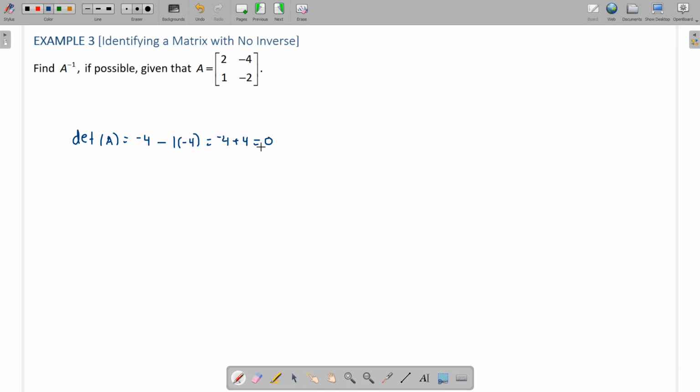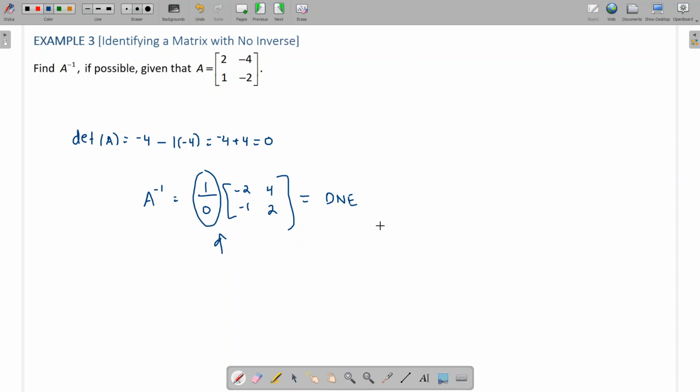So this is going to cause a problem because according to what we said before, the inverse should be 1 over that determinant multiplied by, then you would flip these two, so it would be -2 here and a 2 here, and then you'd take negatives of those, so that would be a 4 and a -1. But you're not going to be able to do that because you have division by 0. So for this, we would just say it does not exist. There is no inverse to that matrix.